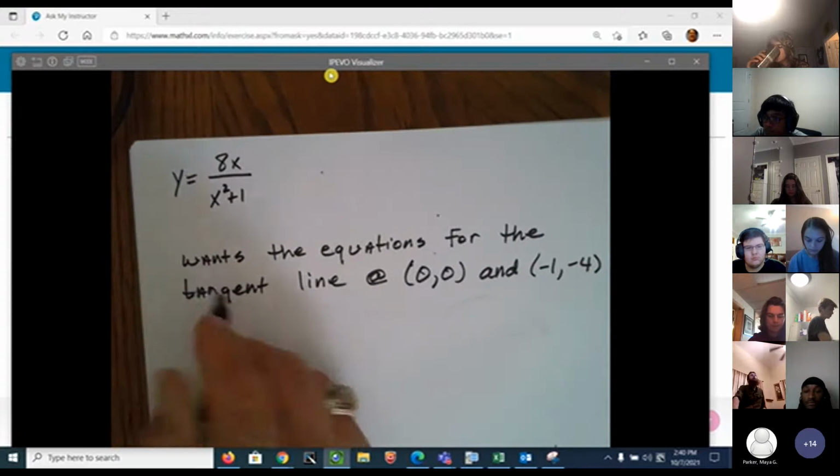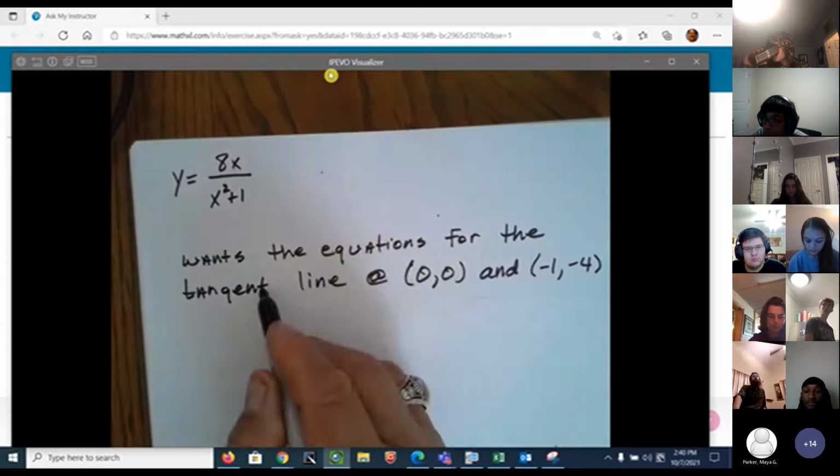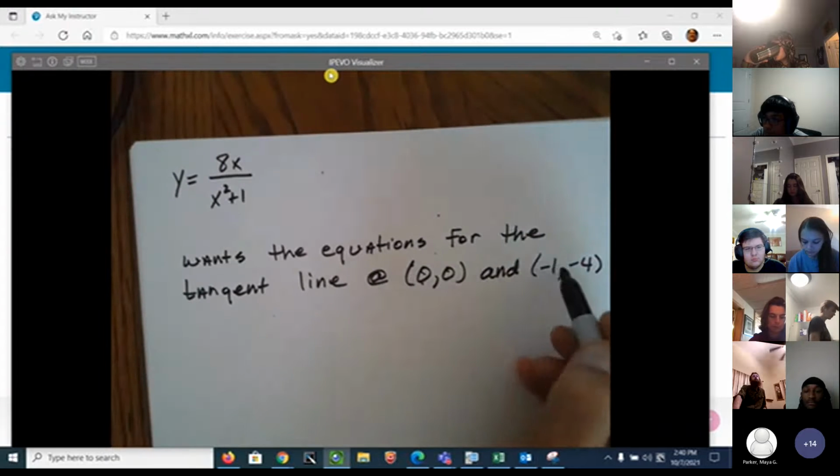That's what it wants. It wants the equations for the tangent line at this point and this point.